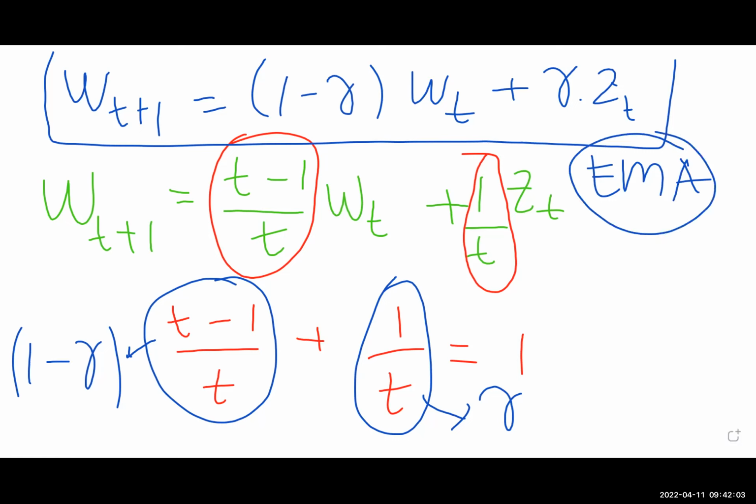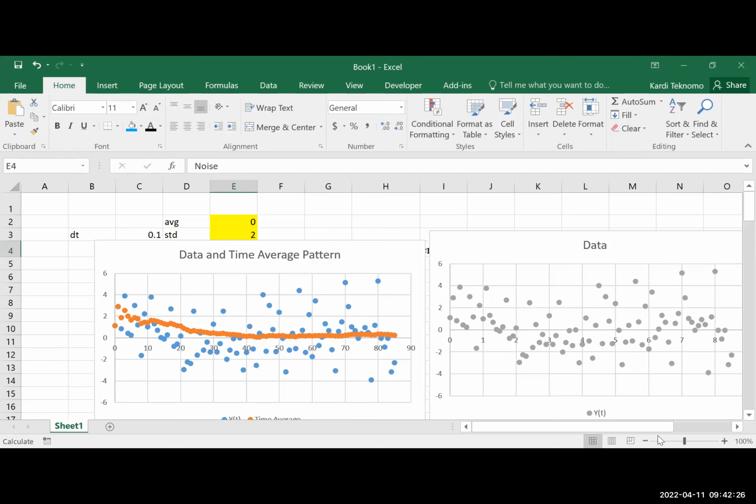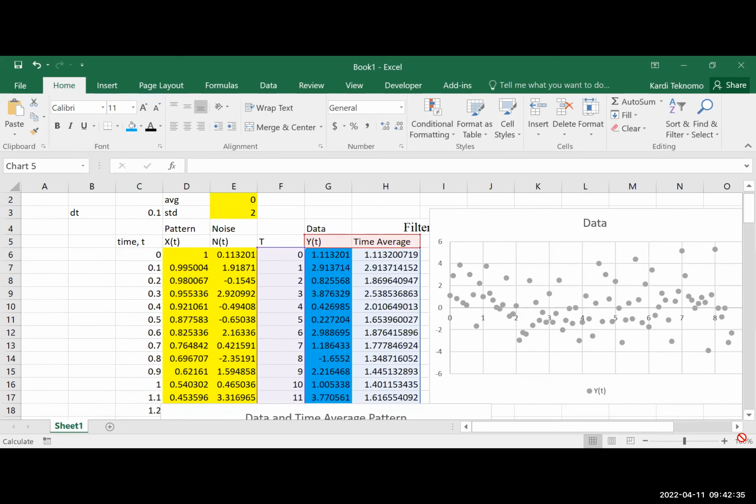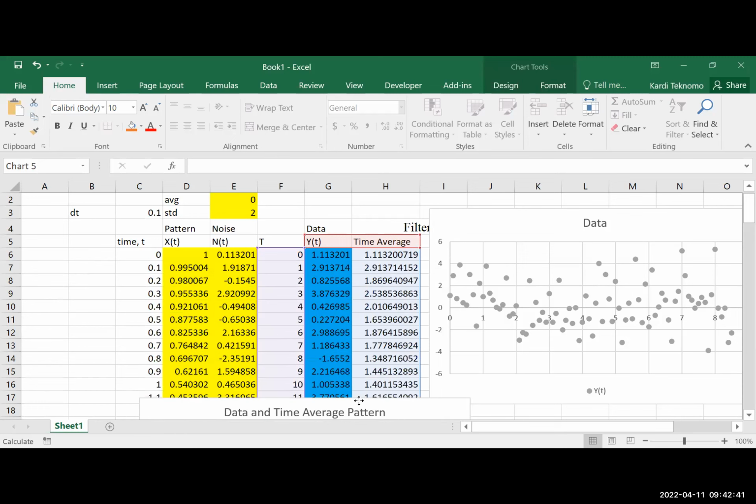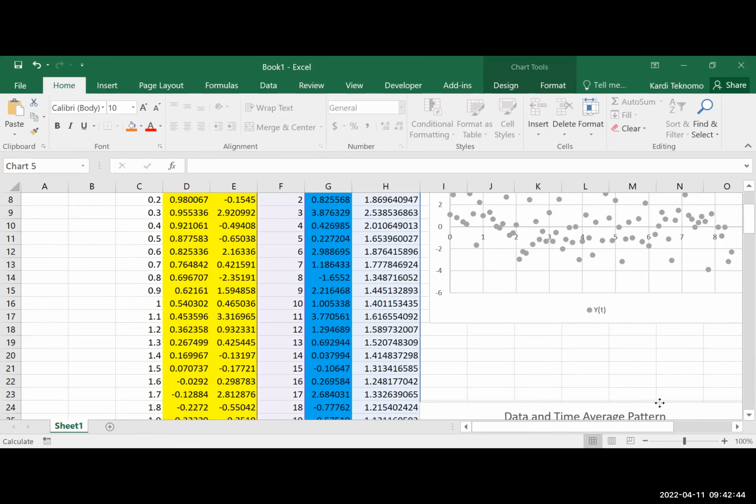Is it clear? Let's use this formula to create a new low pass filter. So let's do it in Excel. I'll put this down. I don't need this anymore. Later I will use it.